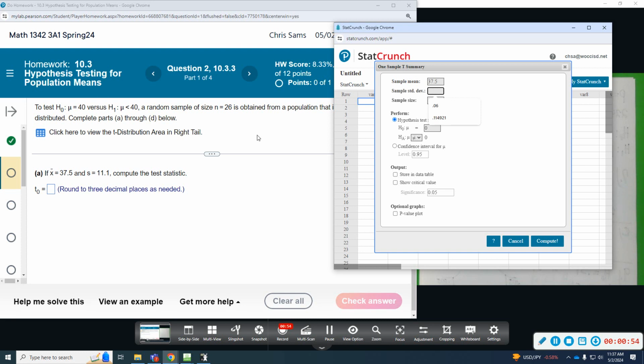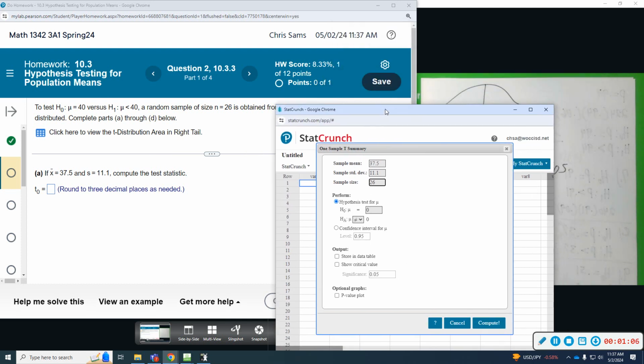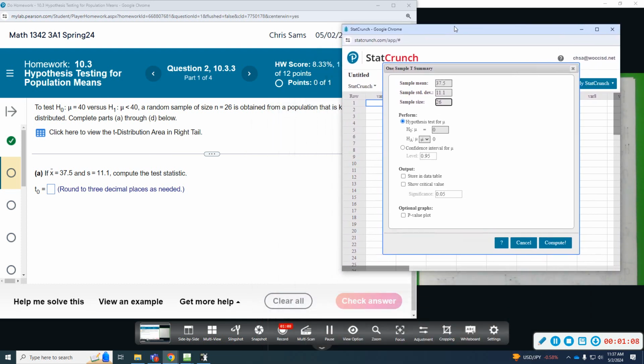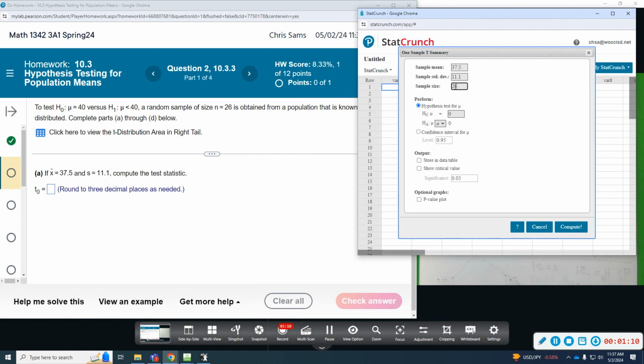Sample standard deviation was given to be 11.1. And the sample size is 26. And we can use this because we're told the population was known to be normal. Otherwise, the 26 would not be large enough. We would have to confirm by other methods.